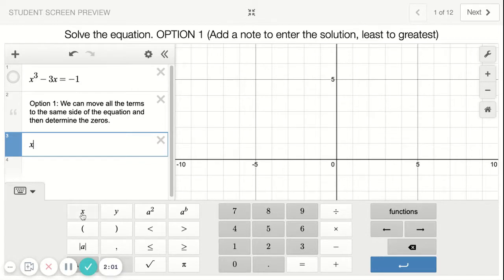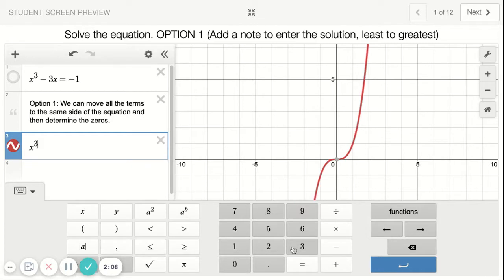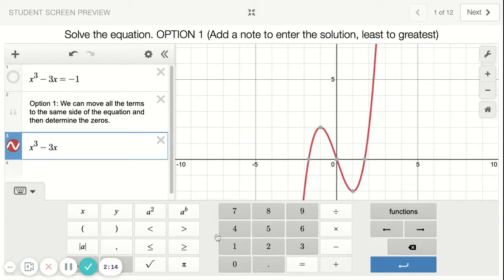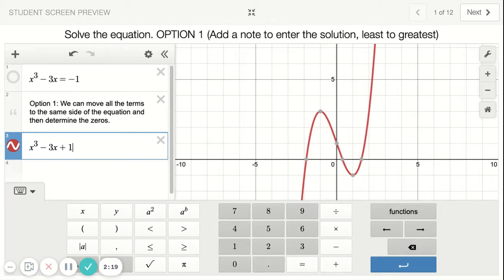So x to the third power minus 3x plus 1. There we go. Next, we move on to step 3, and step 3 is to find your solutions, and your solutions are the x-intercepts.